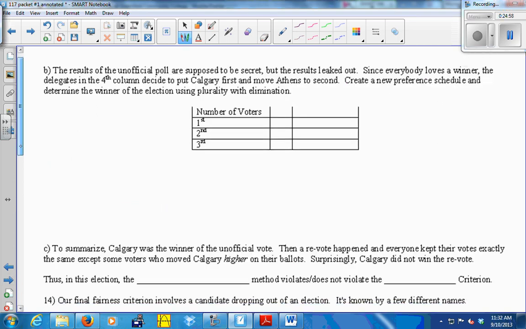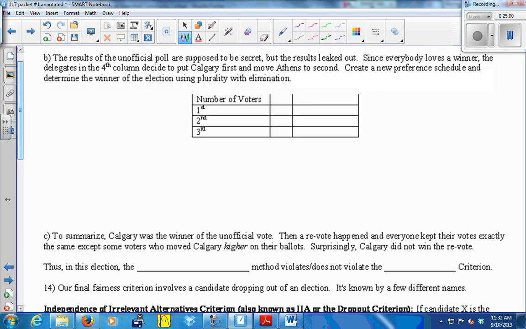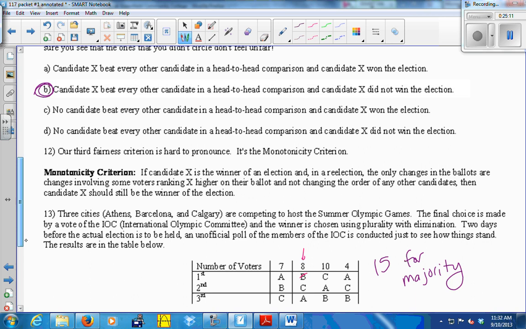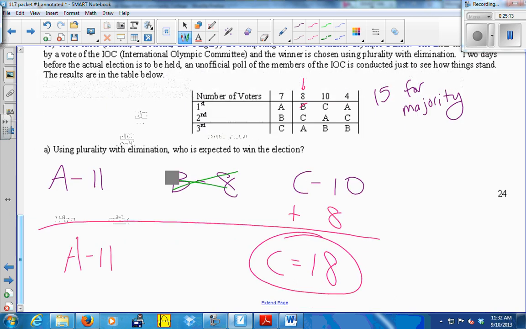All right, so the results of the poll are supposed to be secret, but the results leak out. And everybody loves a winner, right? So the delegates in the fourth column, these 4 people who have ACB, they decide, okay, we're going to jump on the Calgary bandwagon, and we're going to switch Calgary and Athens.